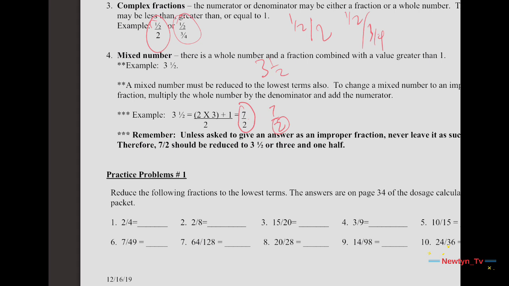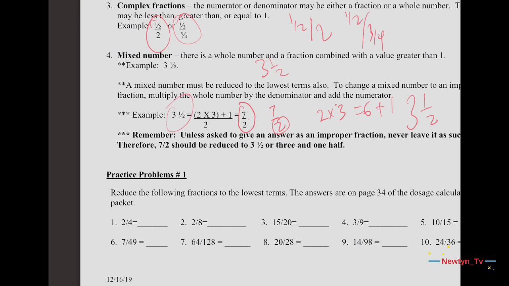So when we multiply 2 times 3, we get 6. Now 6 is closer to 7. We are looking for 7, so what can we add to 6 to make 7? That is plus 1. So we have a whole number of 3, then 1 on 2. That is the mixed fraction that we are talking about here.